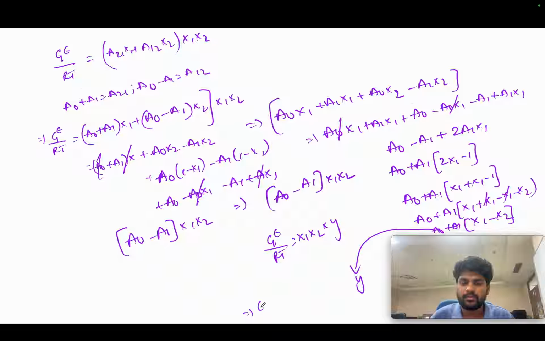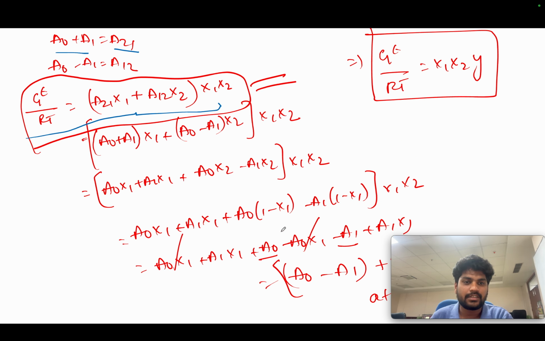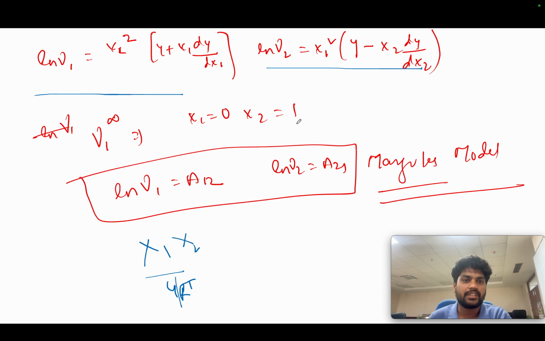So now GE by RT equals x1 x2 into y. So this is the equation which we saw in the class. So once we have this equation, then we know what to do.